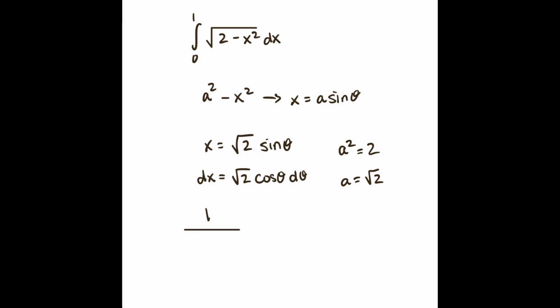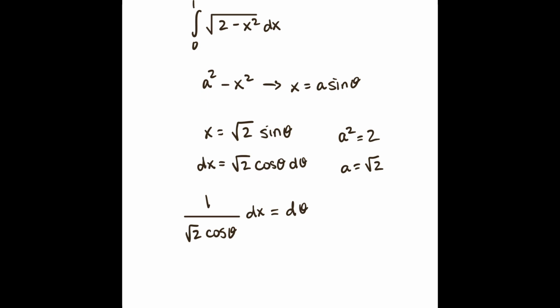I always like to solve for d theta. Then we could plug in. The 0 to 1 bounds are still for x. x squared is going to be 2 sine squared theta.